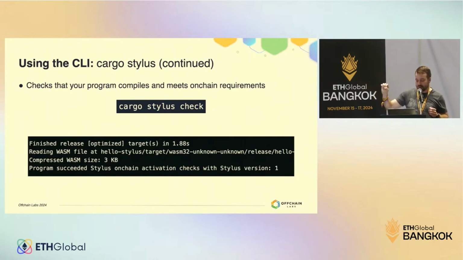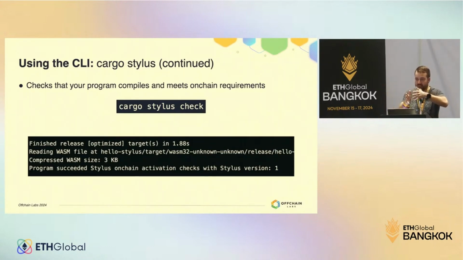As you're working with your contract and editing it, you'll want to call cargo stylus check every so often, just to make sure you're fitting within the blockchain constraints, because we do have some constraints on chain. Contracts need to be under 24 kilobytes, and we do some on-chain compression, so it can be a little bigger than that.